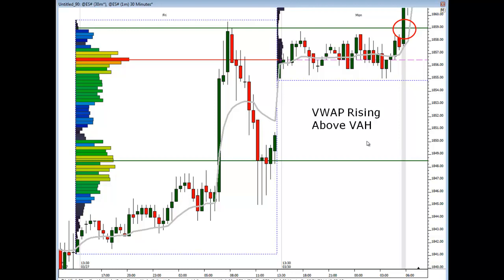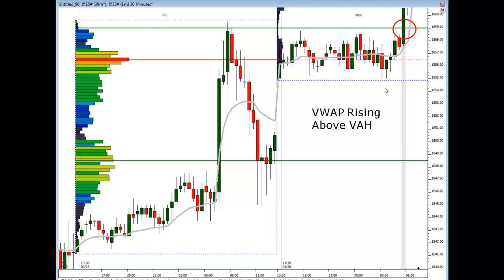So for example here, let me draw your attention to what happens at the value area high when the VWAP extends and pushes higher above it. That is a very bullish move, and you should go long without hesitation when you see a VWAP move above a value area high and head higher.